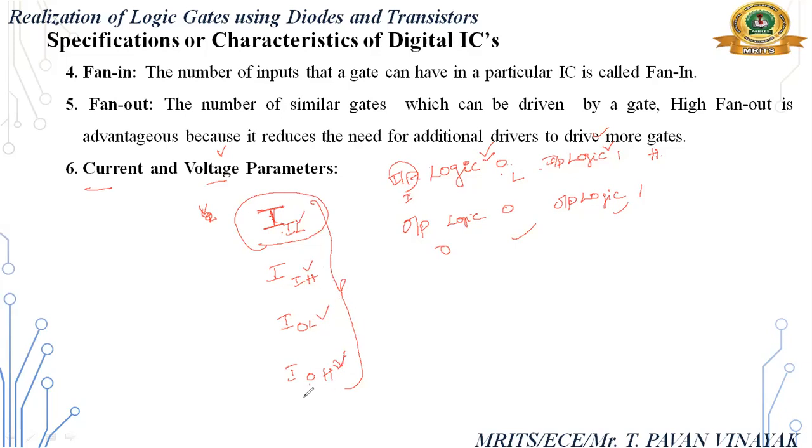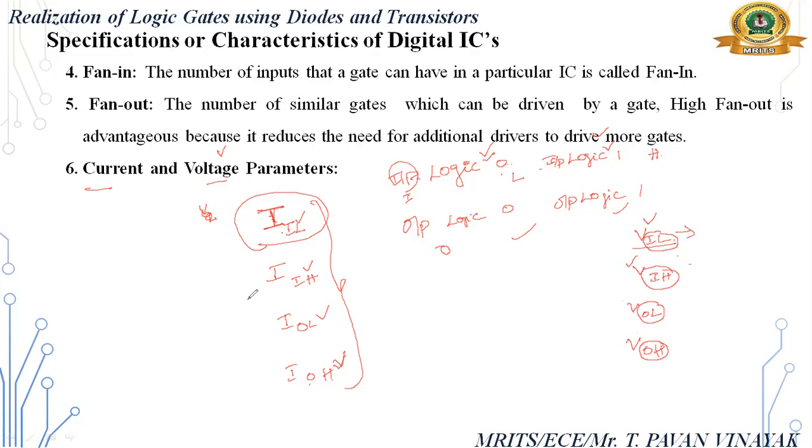Similarly, the voltage parameters are VIL, VIH, VOL, VOH. This is input logic 0 voltage, input logic 1 voltage, output logic 0 voltage, and output logic 1 voltage.